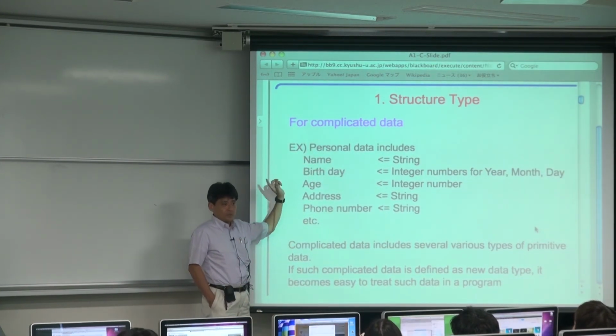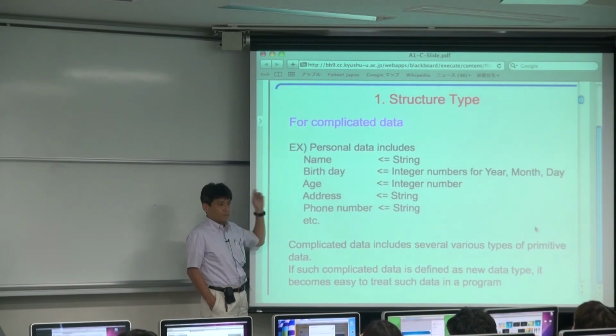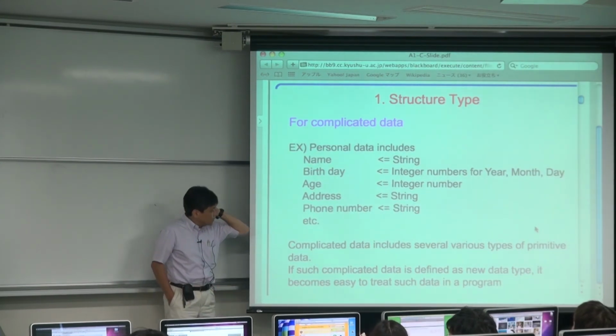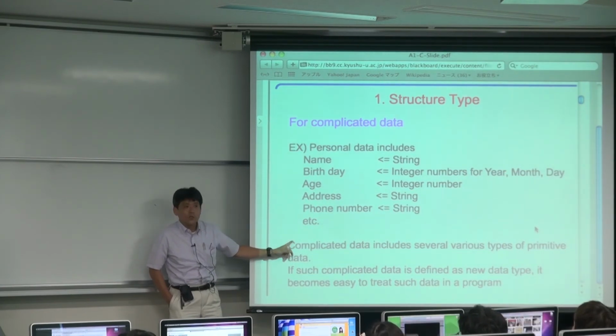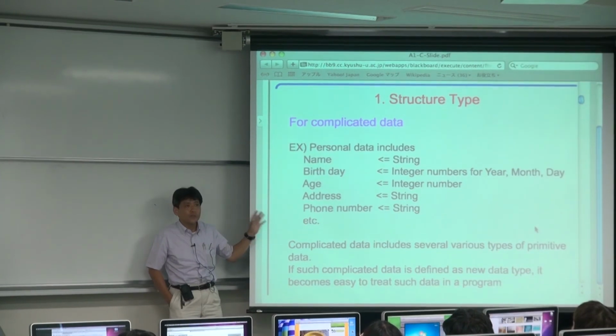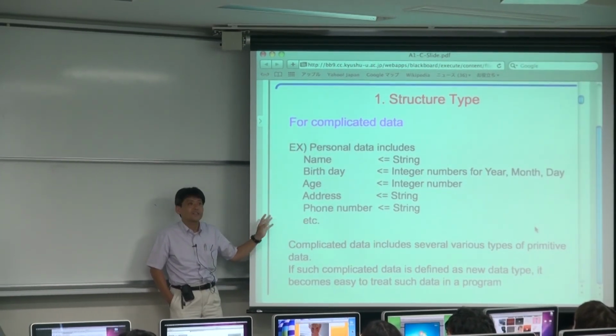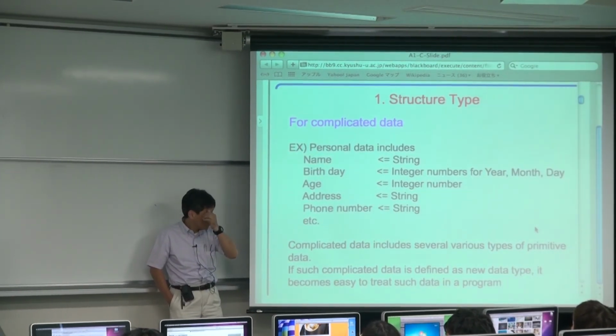It is very convenient in your program. So, as shown here, complicated data includes several variable types of primitive data. In such cases, you have to define a special structure type for such data.